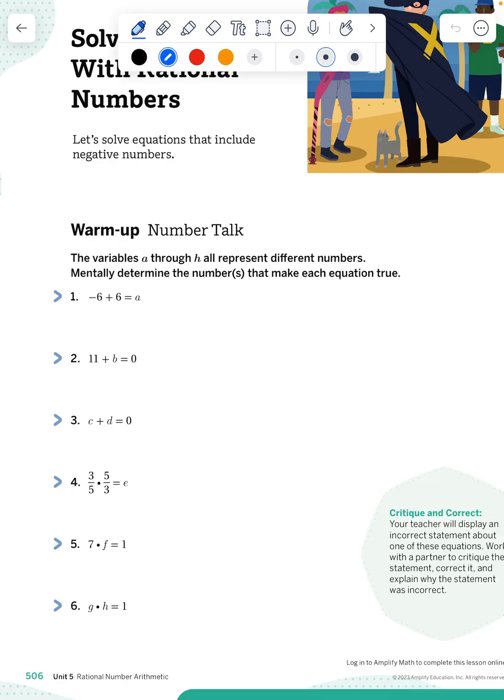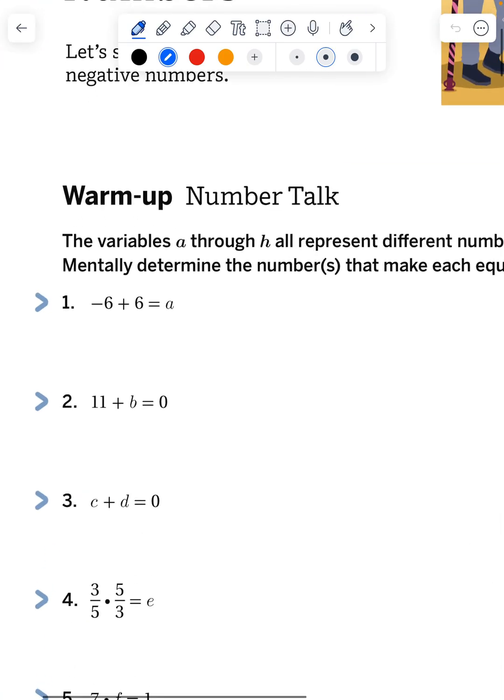We are supposed to mentally determine the numbers that make each equation true. On number 1, -6 plus 6, we should say that A equals 0. Number 2, 11 plus something gives us 0. 11 plus a -11 would give us 0.